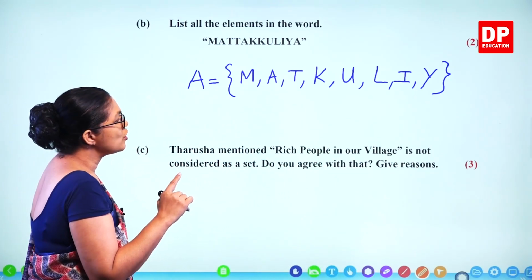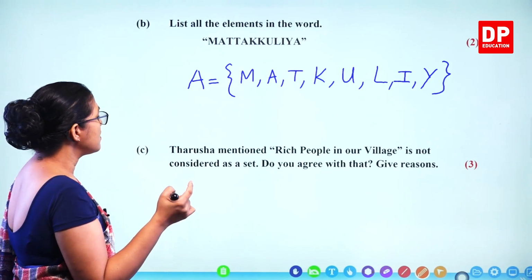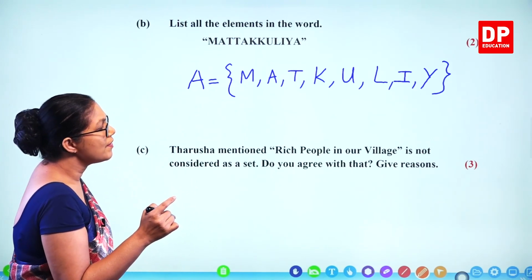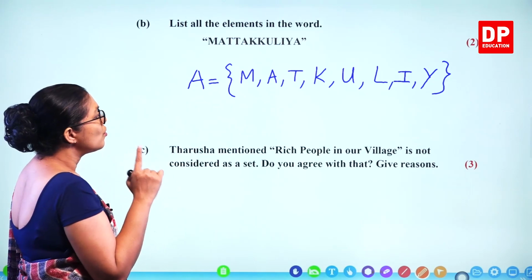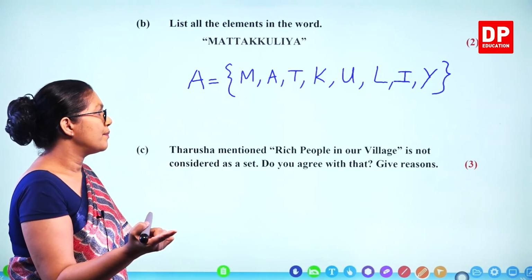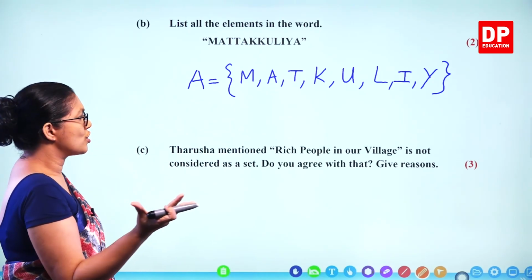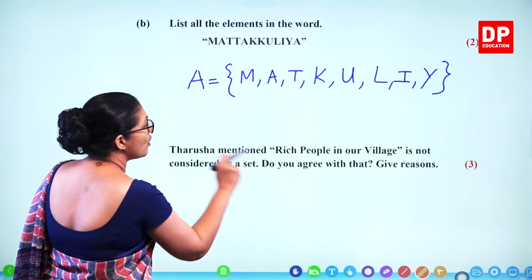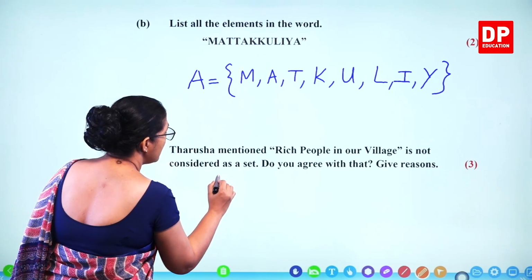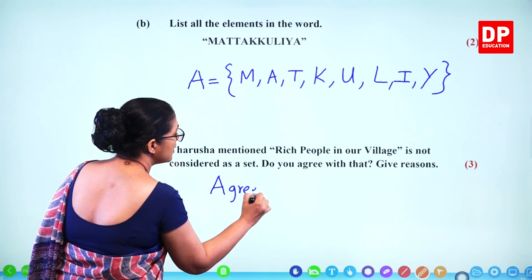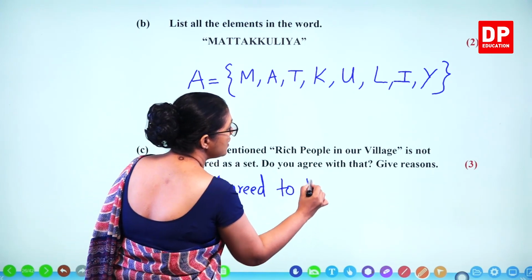Tarusha mentioned rich people in our village is not considered as a set. Do you agree with that? Give reasons. So it's not identifiable because we don't know who are rich. So what do you say, do you agree? Agreed to the statement.